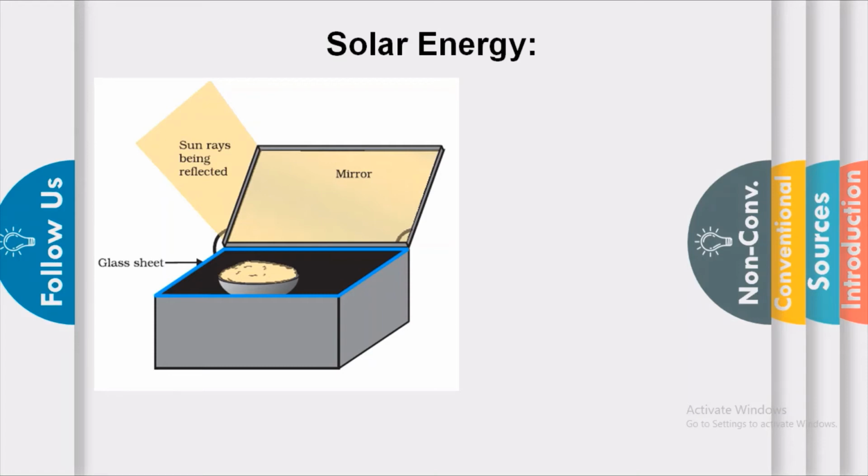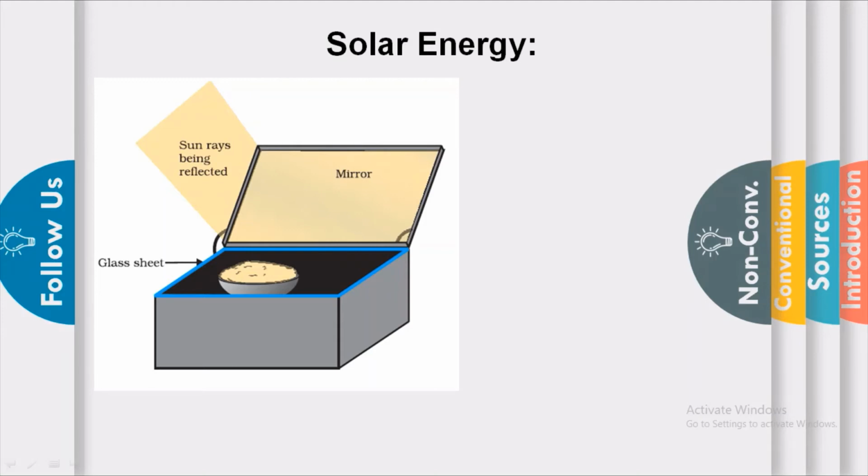When in use, a bowl of rice is kept inside under the glass sheet. The mirror reflects the sun rays onto the bowl, and due to the black paint inside, the cooker absorbs the heat. Since there is a glass sheet above, the heat does not escape, due to the greenhouse effect. So sun rays are converted into heat in this solar cooker.